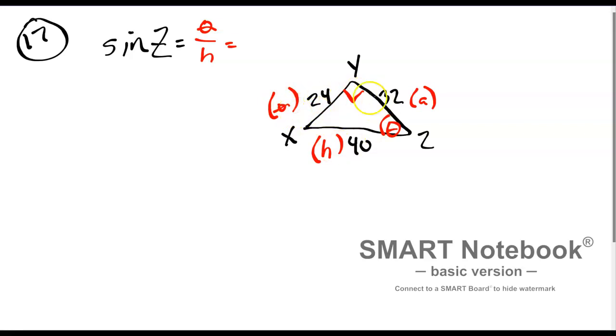According to what I have illustrated here, I've got 24 over hypotenuse 40. And of course, you guys know to always reduce your ratios, your fractions. What's the greatest common factor? It's 8 times 3 over 8 times 5, that cancels, and I'm left with 3/5.